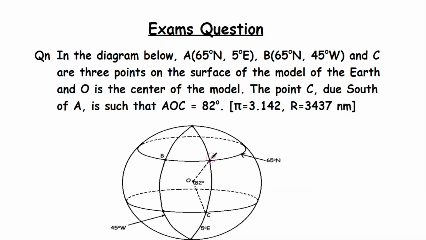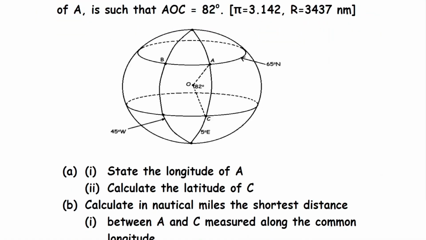The angle given for AOC is 82 degrees, as mentioned here. Somewhere we shall be using pi as 3.142, and the radius of the Earth as 3,437 nautical miles. So let's look at what the question is demanding of us.